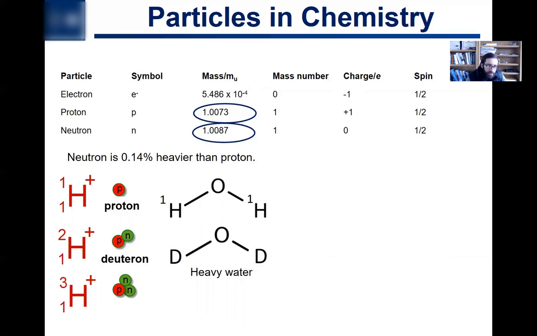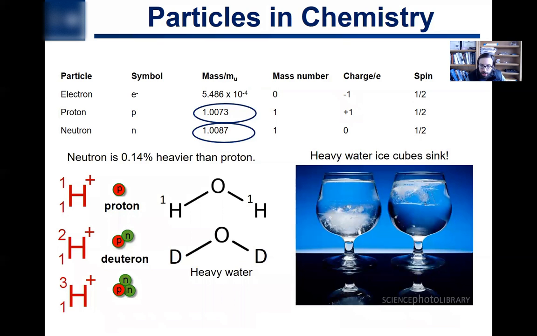So D2O is heavier, and there are a lot of very fascinating properties about D2O, heavy water, versus H2O, light water. One is that heavy water ice cubes will sink in light water. If you make a heavy water ice cube, it's going to look just like regular water, but it's going to sink in regular water. And why is that?